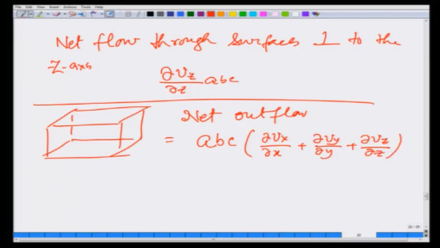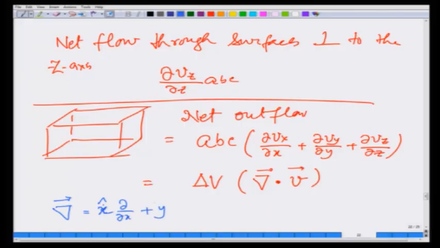We have of course assumed that a, b, c are small. So, I kept only the first order, and which is nothing but small volume of this box times what I said earlier. I am going to write it as divergence of V, where symbolically this symbol is going to be x unit vector partial x plus y unit vector partial y plus z unit vector partial z.